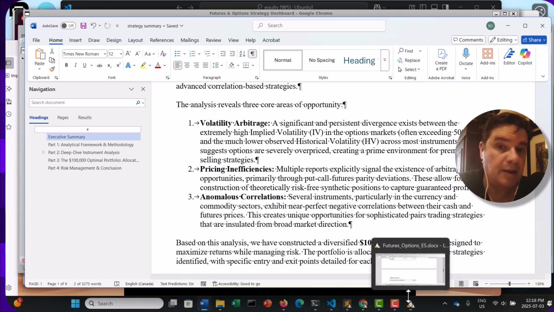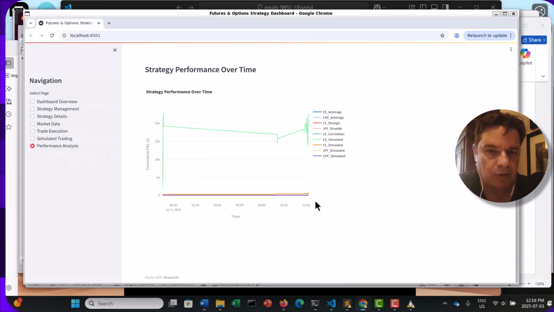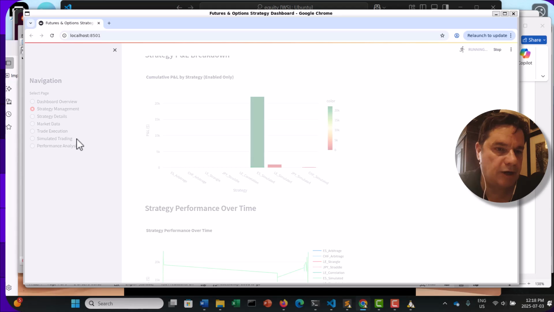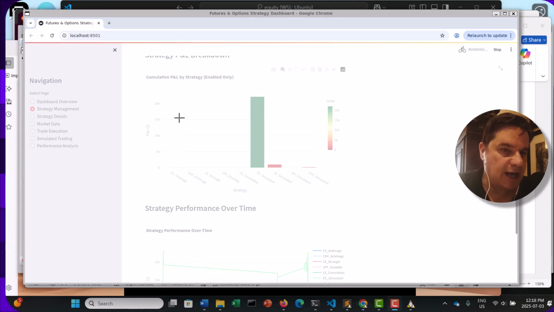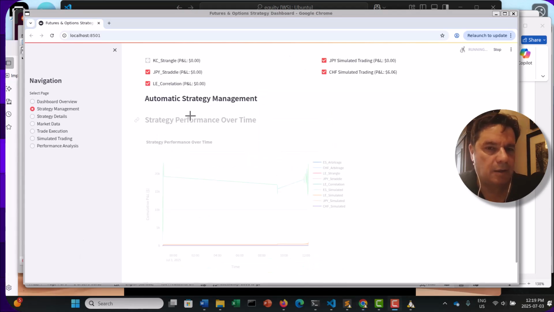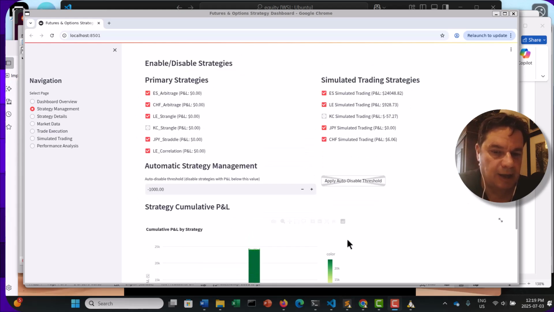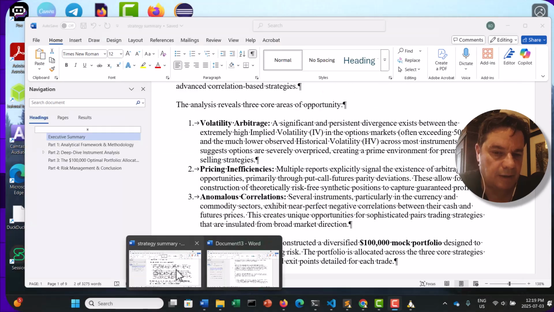Okay, and using this summary, I then turn around and create that trading dashboard I just showed you with Streamlit right here. So if you look very carefully here, all of these strategy types are coming from this right here.